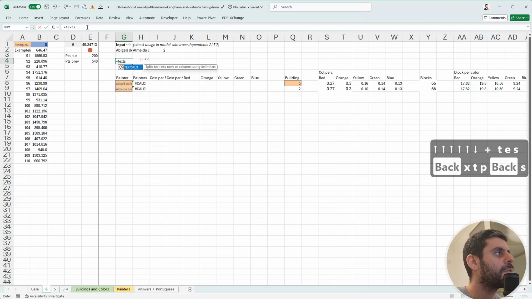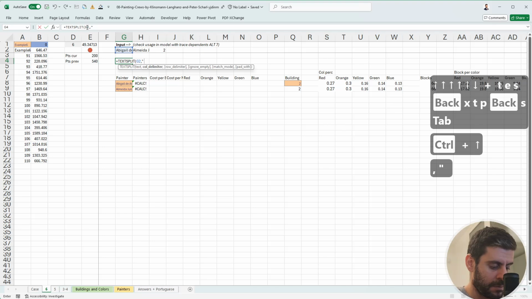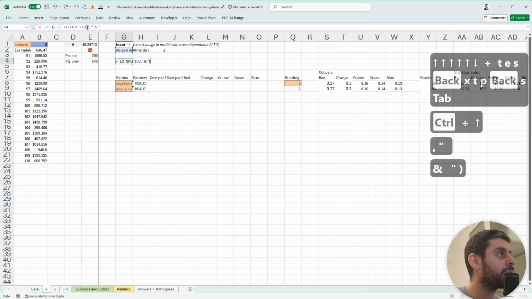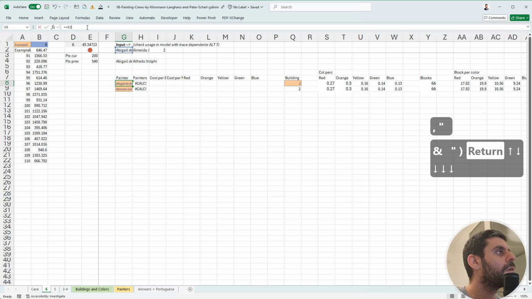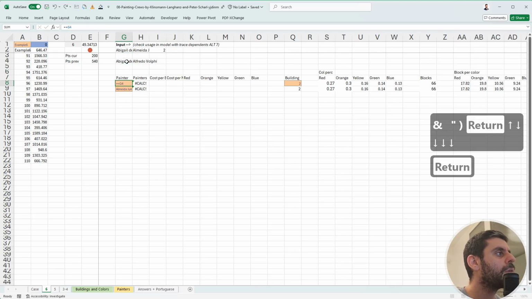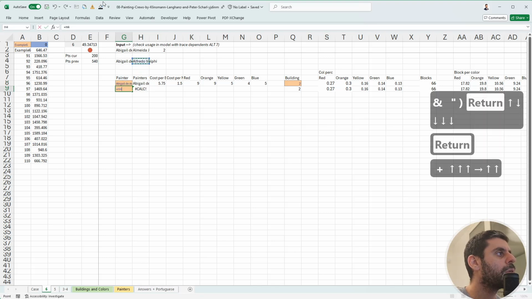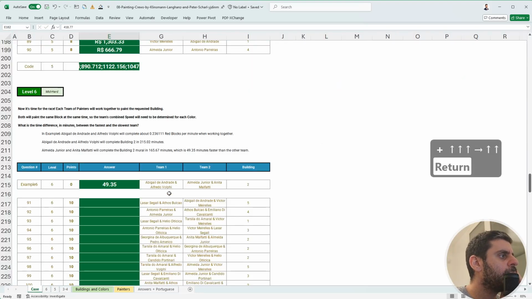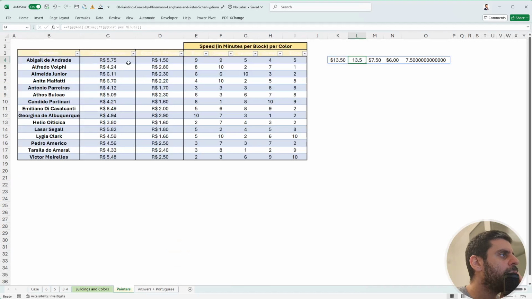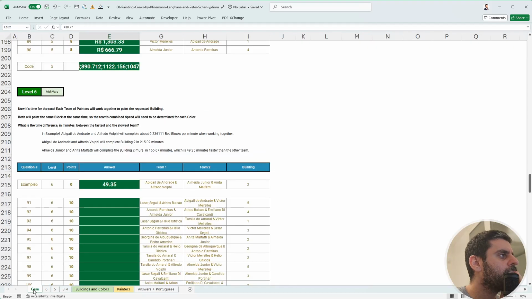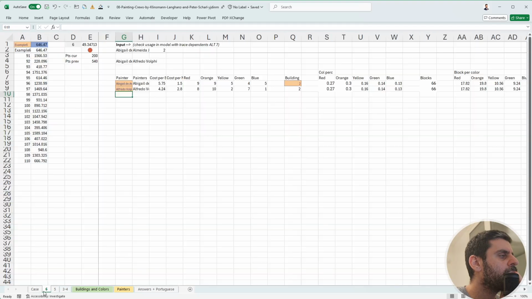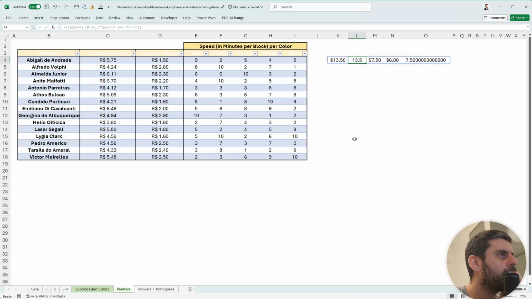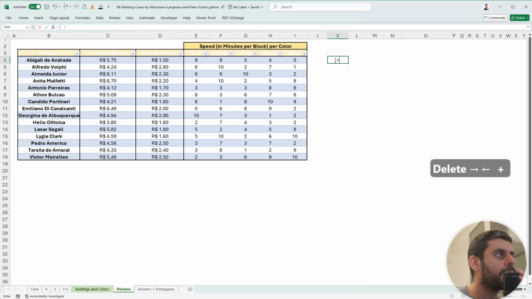Split this. We got an Alfredo. Red blocks per minute. 9 minutes per block.